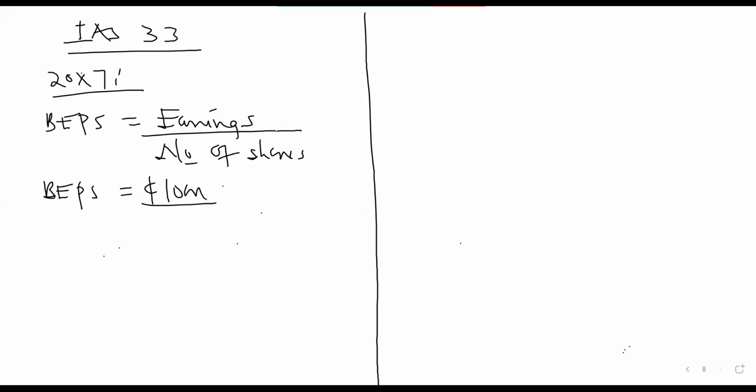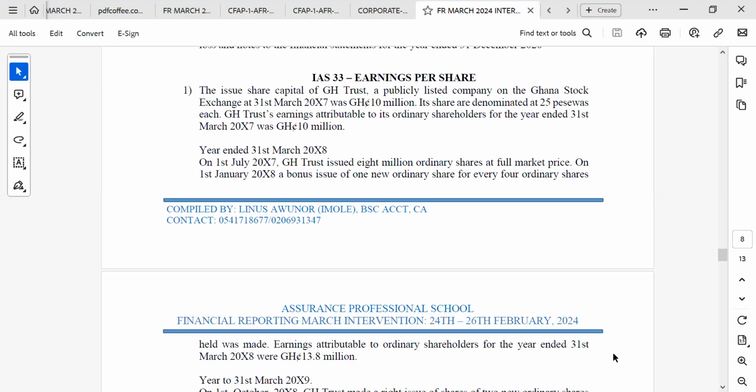I want someone to give me the number of shares. 10 divided by 25 is 0.25. Okay, I'm having 40 million.